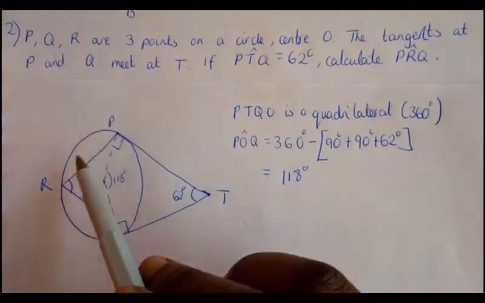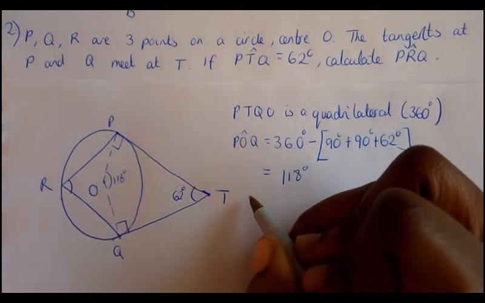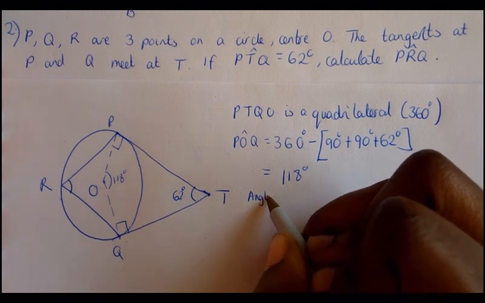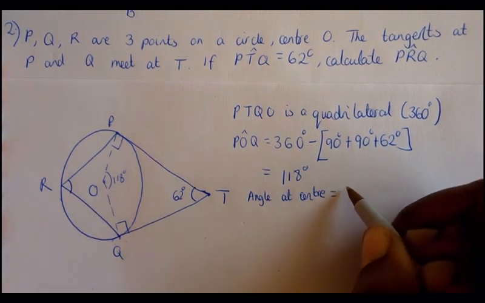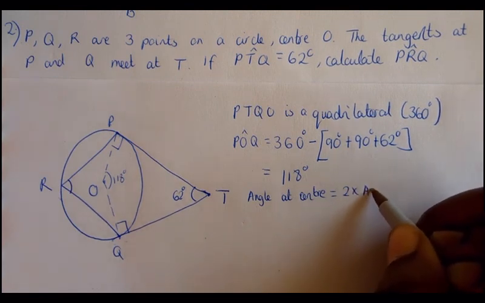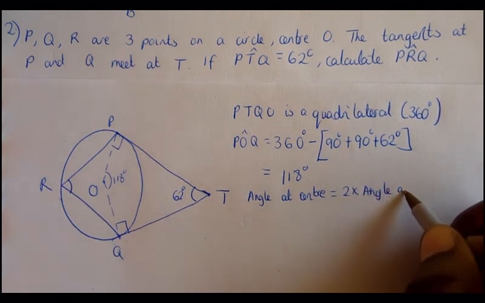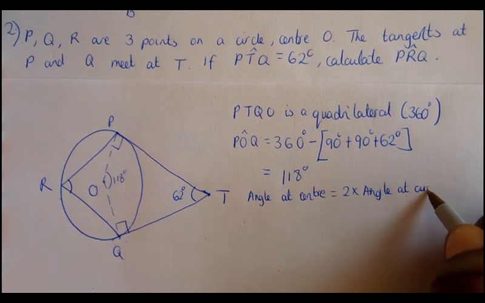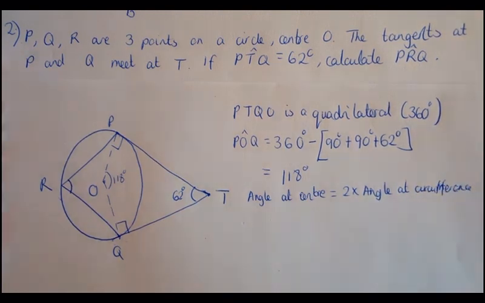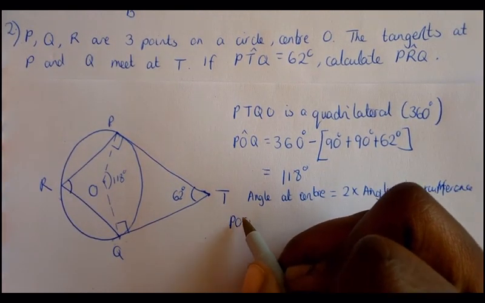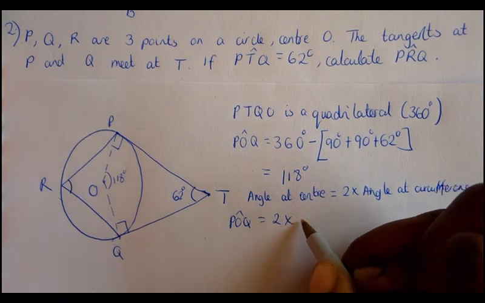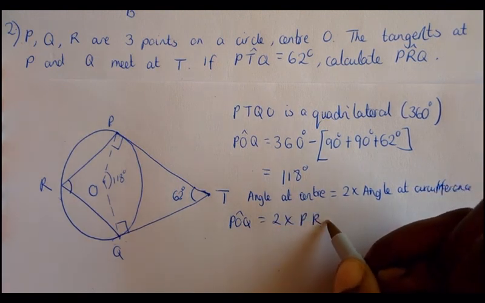Now we want to look for angle PRQ, and we know that angle at center is equal to 2 times angle at circumference, if they are in the same segment. So this means that angle POQ is equal to 2 times angle PRQ.